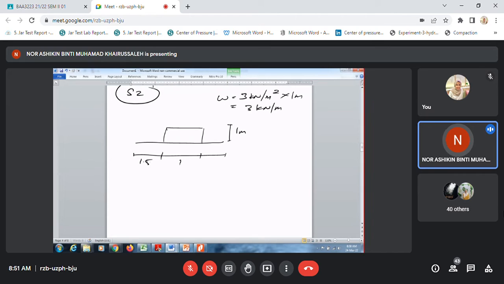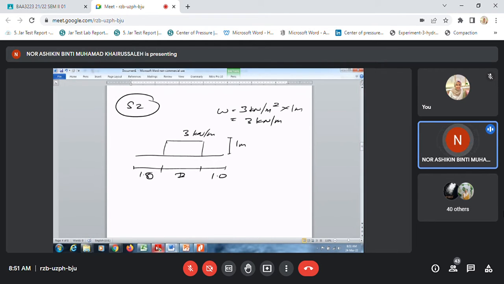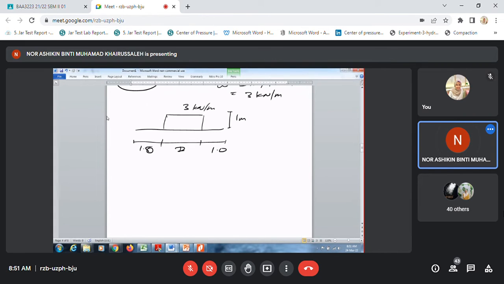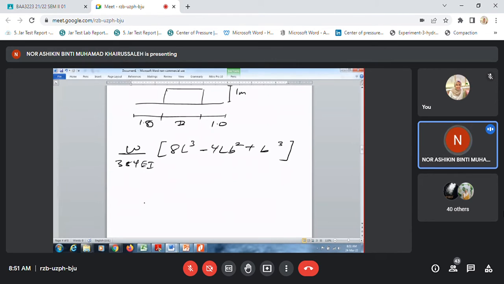So now it's going to be 1 meter, and your W is 3 kilonewton per meter. So by using the formula, W over 384 EI times minus 4LB squared plus B cubed. W you should change to kilonewton.